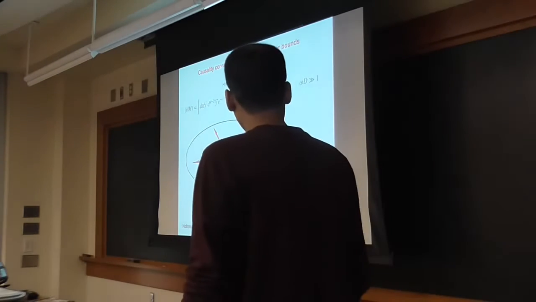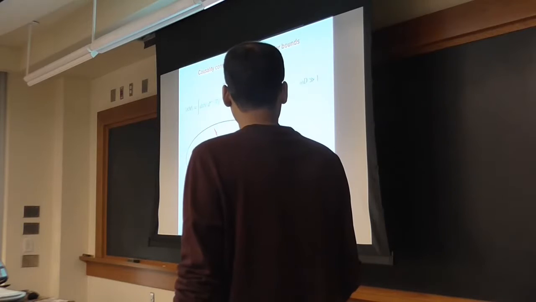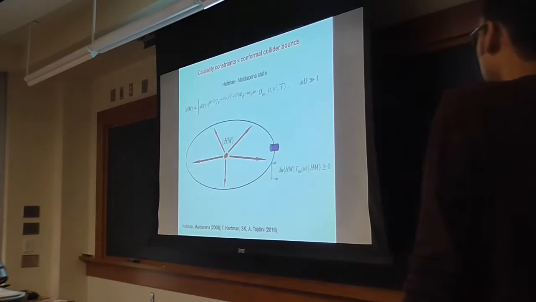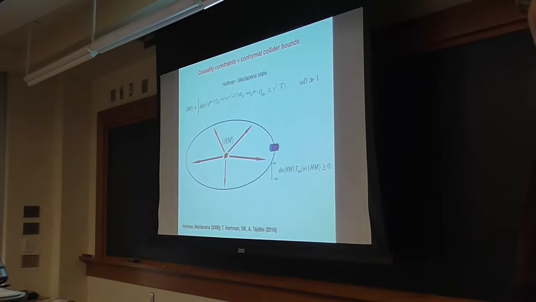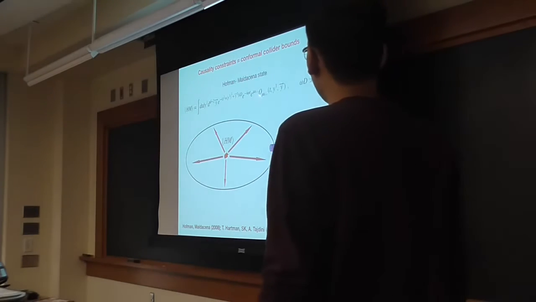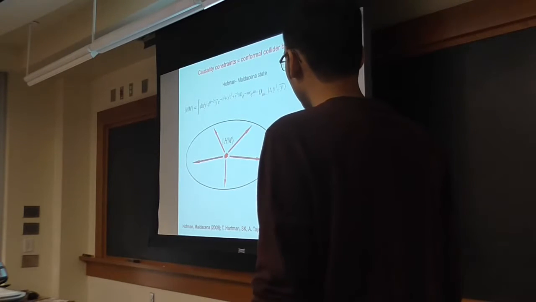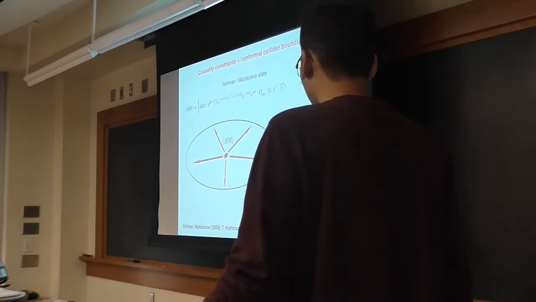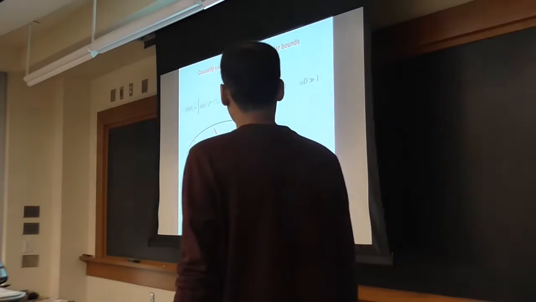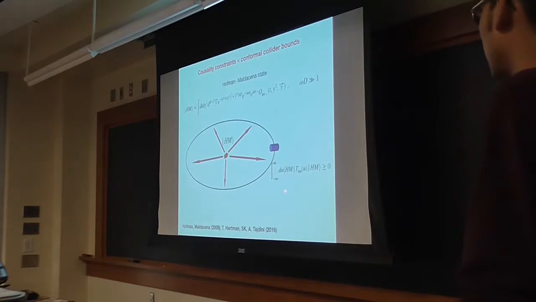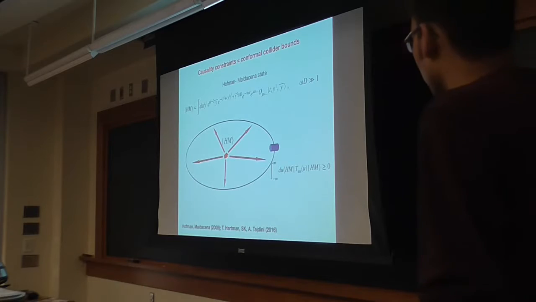Because this is a positive operator, this quantity should be positive. If you do this for different operator insertions, you recover all the causality constraints. The reason is that causality dictates that this operator has to be positive.